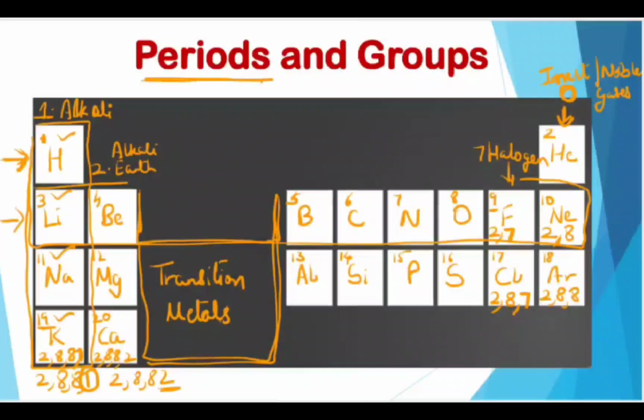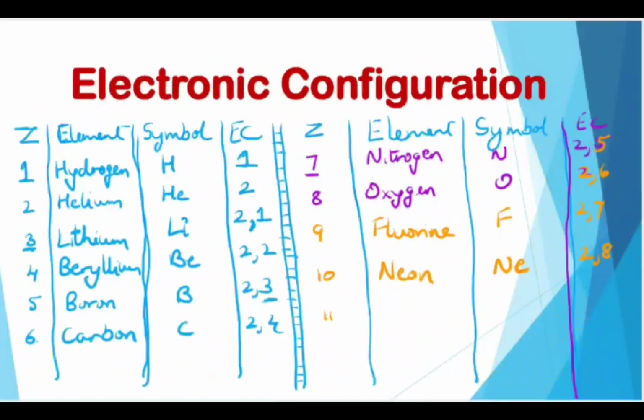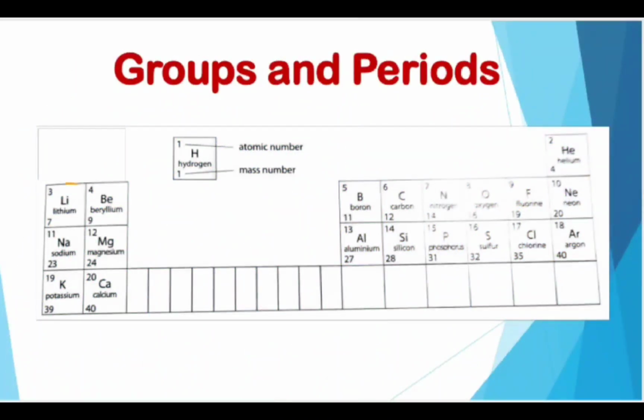Yes, children, while talking about the periodic table and the groups, we spoke that the groups are vertically arranged. These vertical ones are known as groups, and if they are arranged horizontally, they are periods.